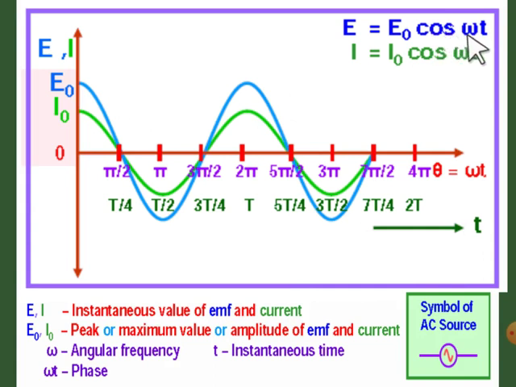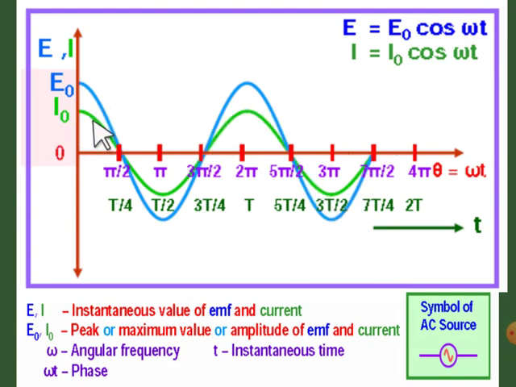Cosine of twice pi is equal to cosine of 0 degrees, and cosine of 0 degrees is 1 again. So E will be equal to E naught, and I will be equal to I naught. That is coming here at this point, same as the initial state again. And when you keep on increasing the time or angle like that, it will repeat itself as before. So it will keep on continuing like that.